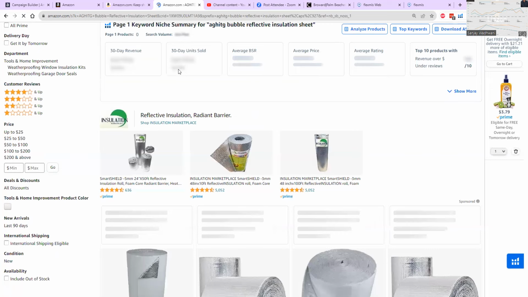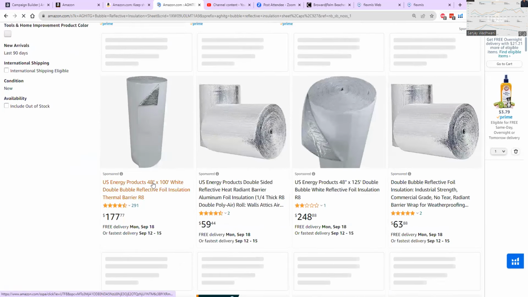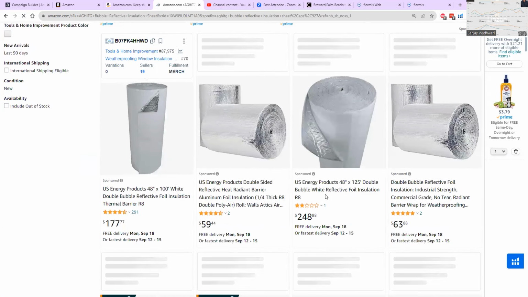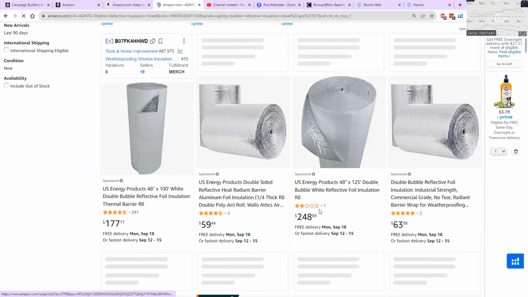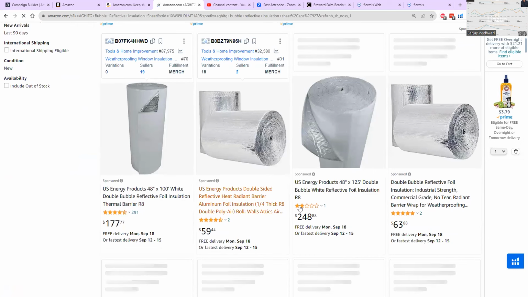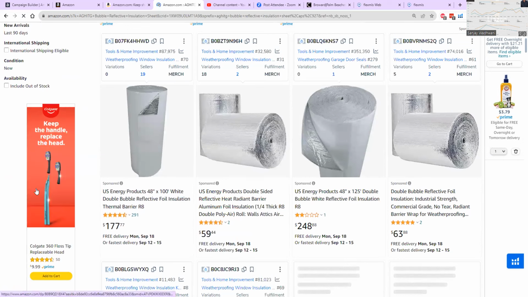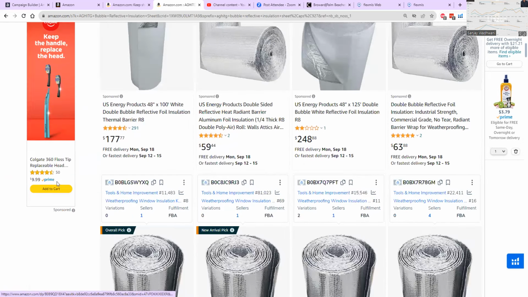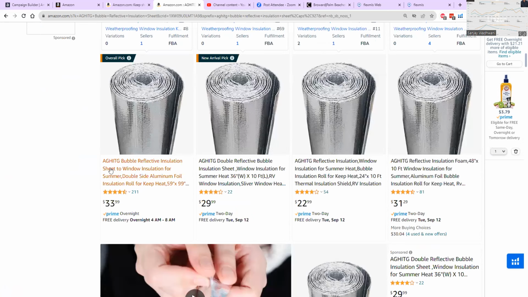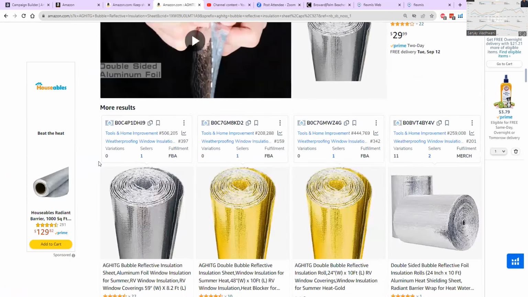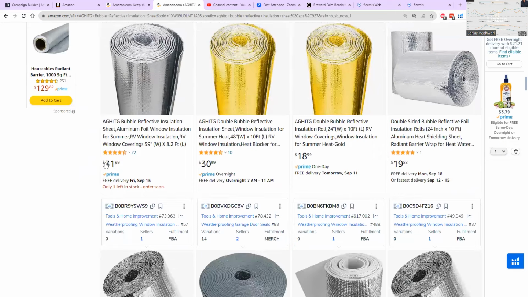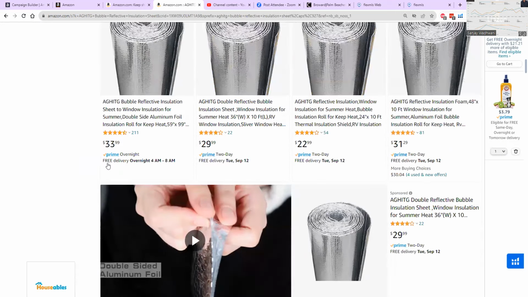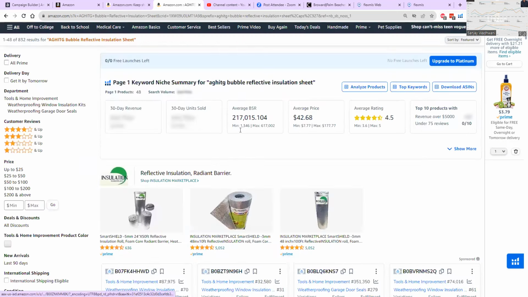But in this case, look at this. US Energy, their reviews are terrible, but whoever's doing their stuff is pretty good on what they're targeting. Now, it's still showing organically, but there is no targeting. The thing is, everybody wants to be on the top.